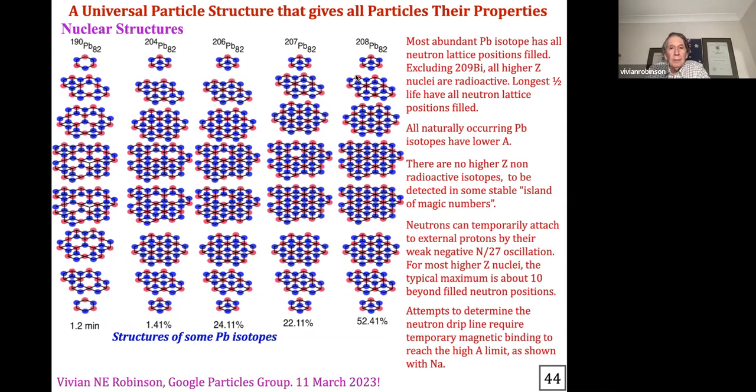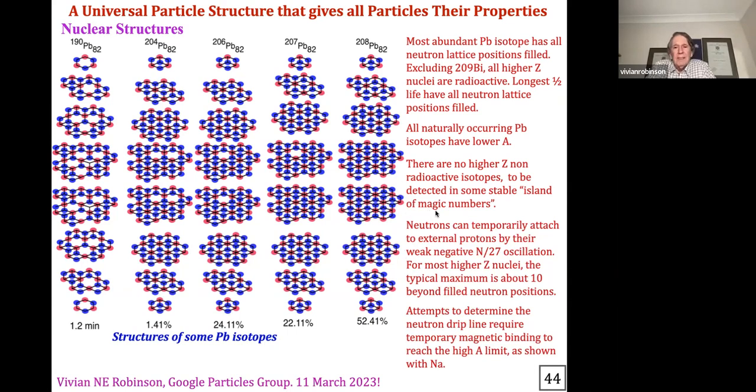All other nuclei with higher Z, the most stable one will have all of the most abundant. Because of this, you won't find any higher atomic number or mass number isotope than these that are stable.